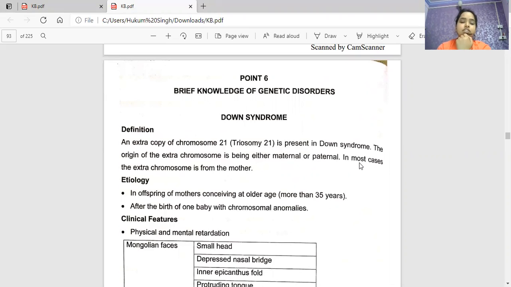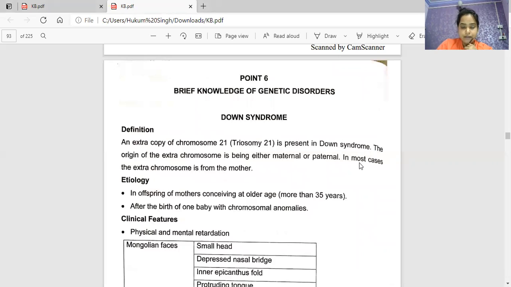The origin of the extra chromosome can be either maternal or paternal. In most cases, the extra chromosome is from the mother. So the extra copy of chromosome number 21 is present in Down syndrome.